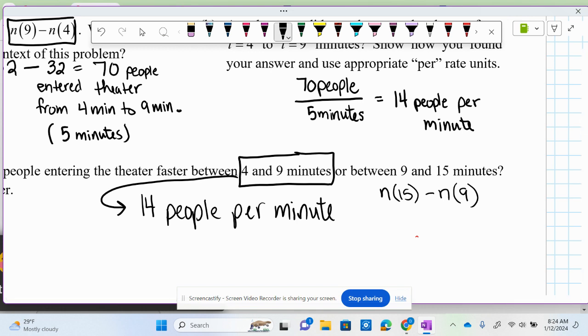So look at your table. How many people entered at the 15-minute mark? Look at your table of values. Yeah, 150. Minus how many people had entered at 9 minutes? 102 over 15 minus 9 is how many minutes? So let's simplify that.